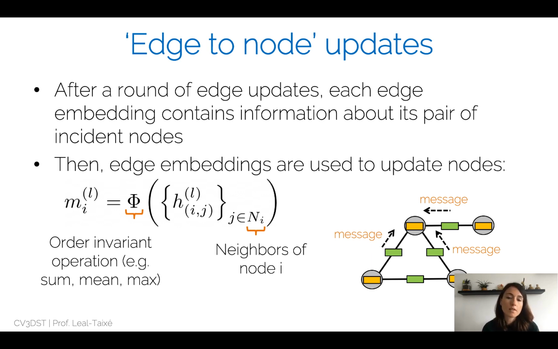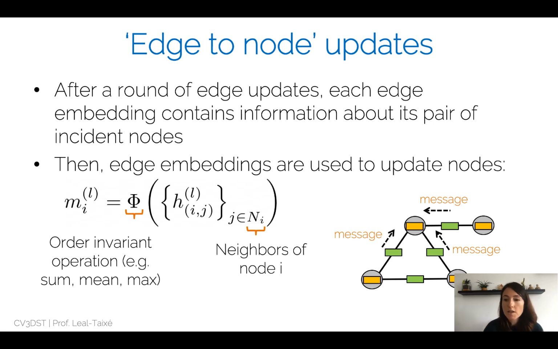So the opposite operation. In this case, of course, we have the same problem as we had before in the first formulation, and that is that I don't know how many edges are connected to a node. So if I have to update the embedding of node i, I have to look at all the connected edges, and this could be of an arbitrary number.